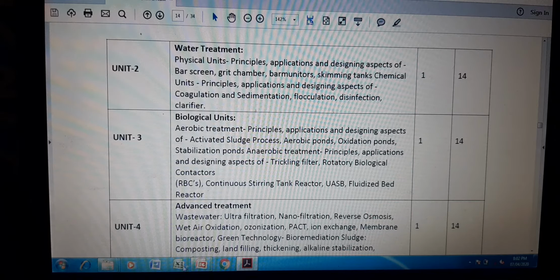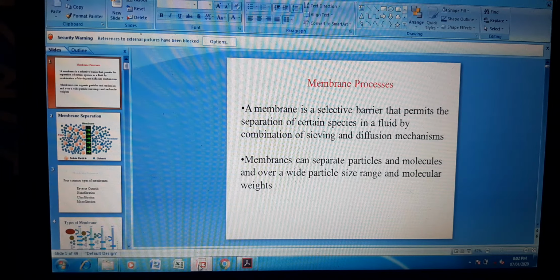So the first is the wastewater treatment by using the advanced method. The important thing is the membrane process. As we know, most of the water is purified or treated in the preliminary, primary, and then the biological treatment, that is secondary treatment, and now the last part is the tertiary treatment.